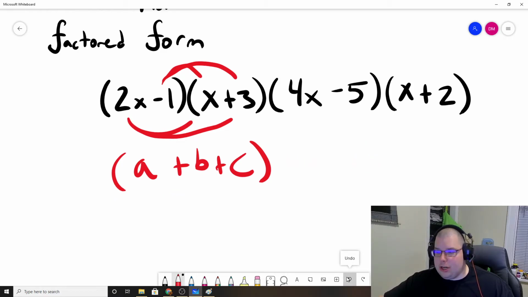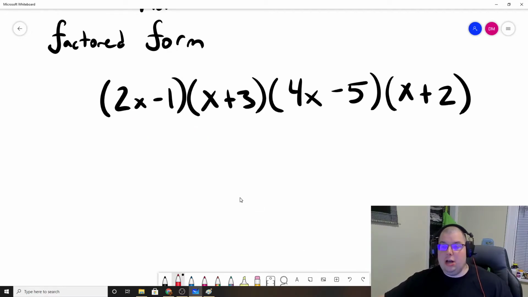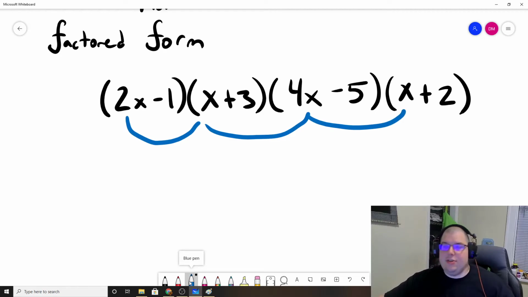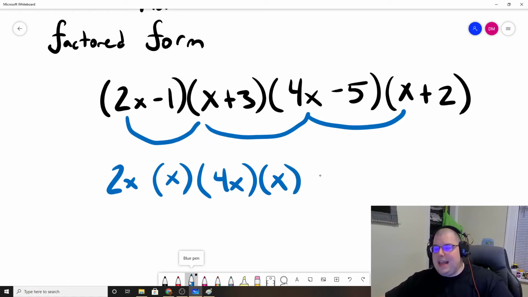The shortcut is knowing that your leading coefficient and your degree are going to come from all of those first terms. So the shortcut is just to multiply those things together. In this case, taking 2x and multiplying it by x, and then by 4x, and then by x again.